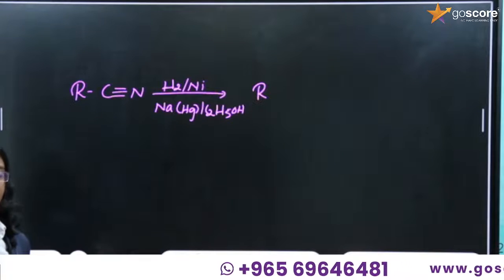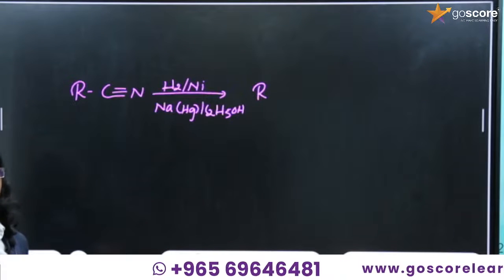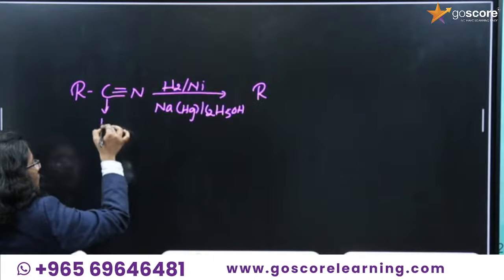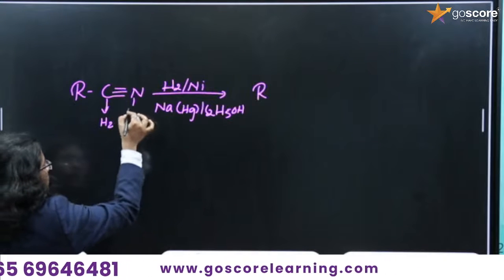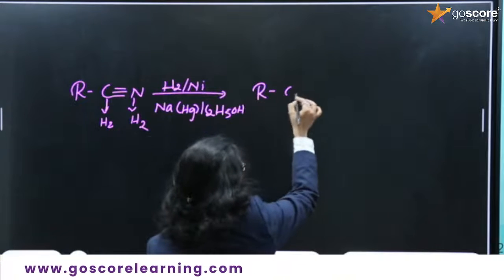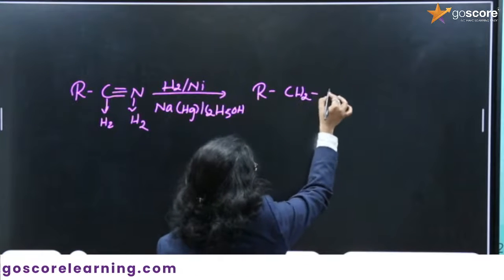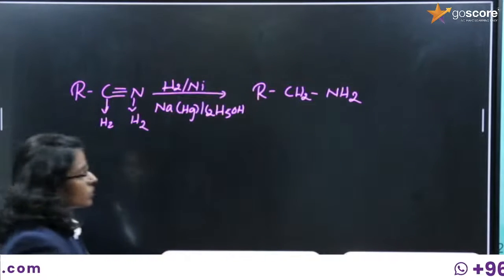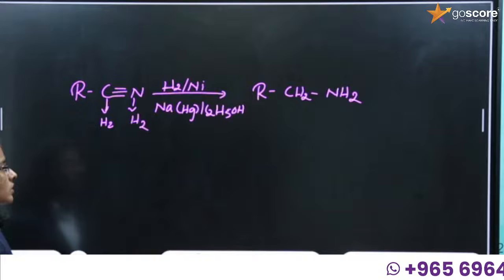Reduction means what? Addition of hydrogen or removal of oxygen. So here the bond will break. Two hydrogens will be added here and two hydrogens will be added here. Then you will get RCH2NH2. You get the primary amine.